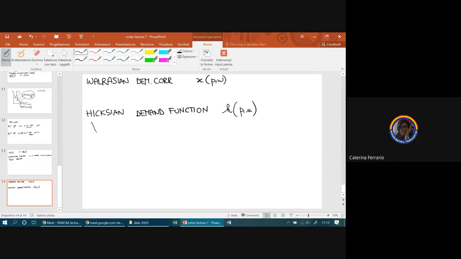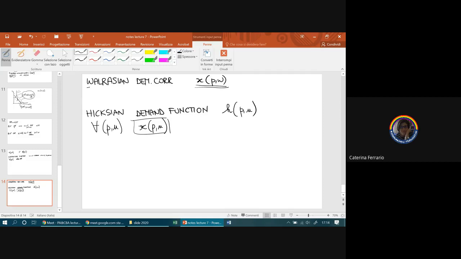So for each P, U, the Hicksian demand function assigns the set of optimum consumption vectors. So it's, let's say, the function that gives us the solutions to the expenditure minimization problem, as the Walrasian demand correspondence gave us the solution to the utility maximization problem.